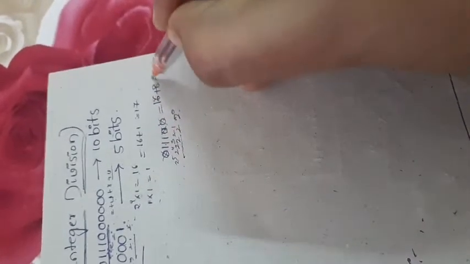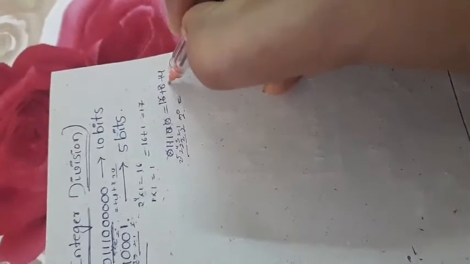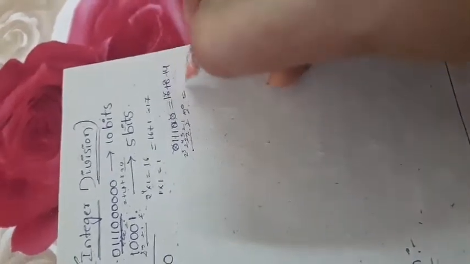That is, 2 power 4 is 16 into 1 is 16, plus 2 cube is 8, 8 into 1 is 8, plus 2 square is 4, 4 into 1 is 4. So 16 plus 8 is 24, and 24 plus 4 is 28.